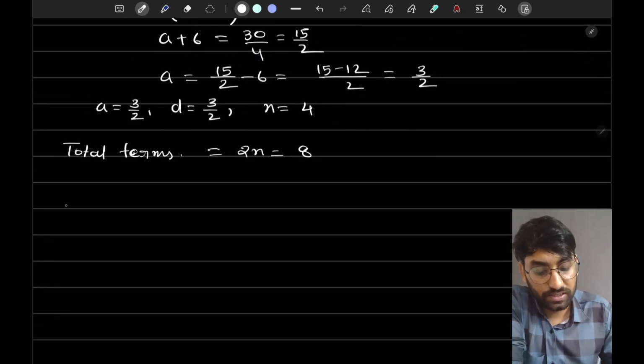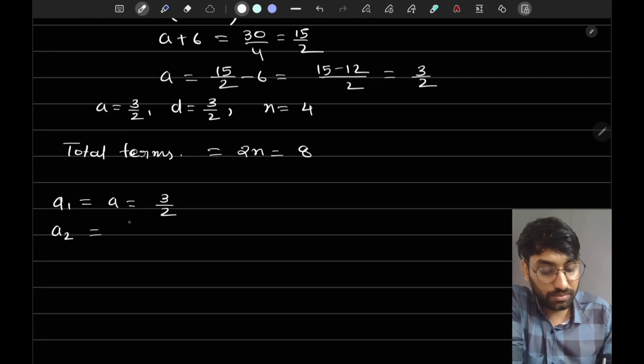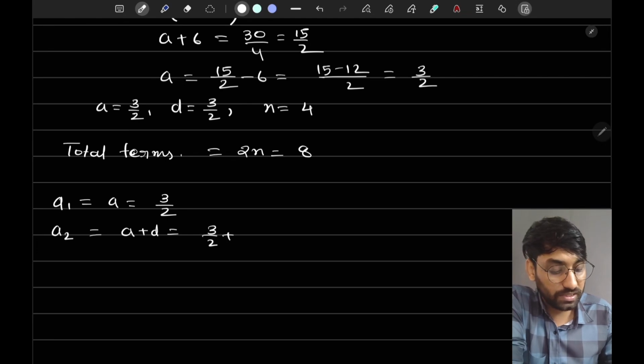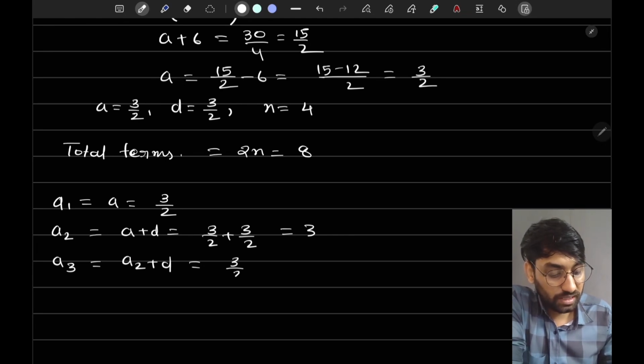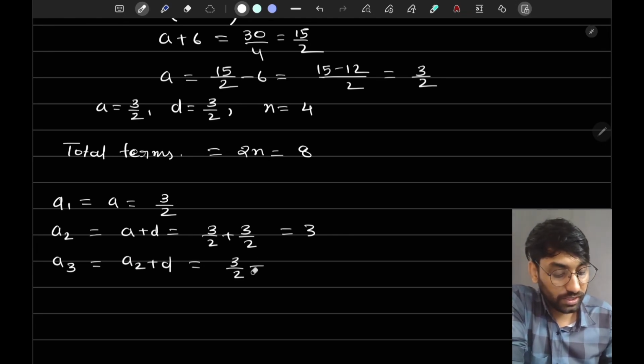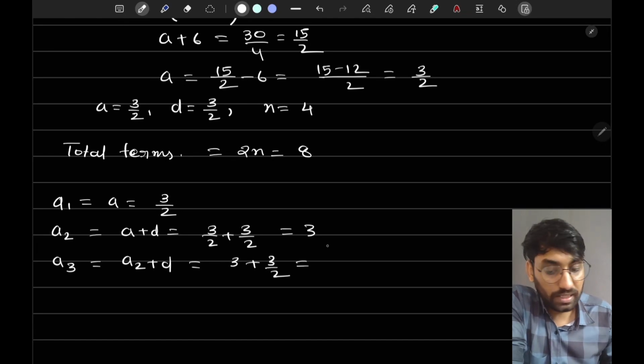First, the first term is a, which is 3 by 2. The second term is a plus d. Since d and a are both 3 by 2, 3 by 2 plus 3 by 2 gives 3. Similarly, a3 is a2 plus d, so 3 plus 3 by 2, which becomes 9 by 2.